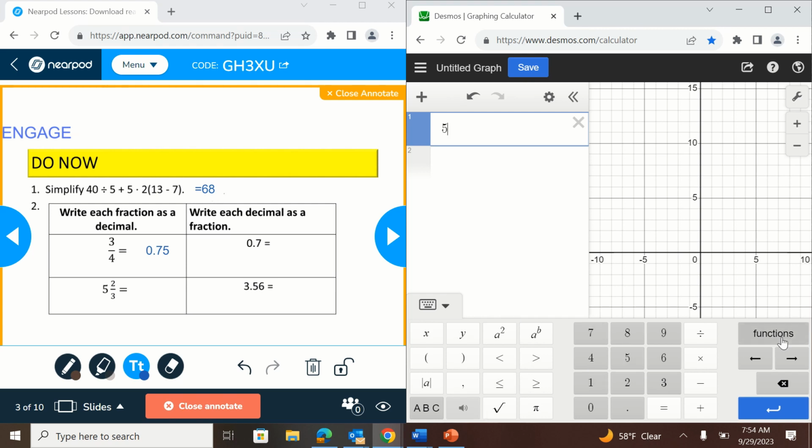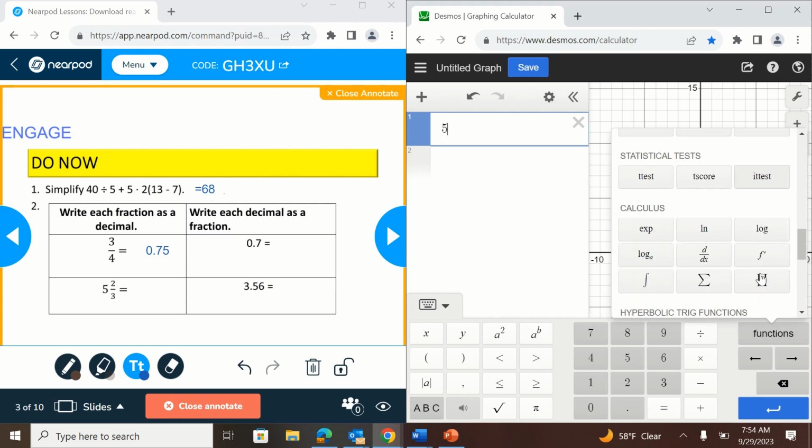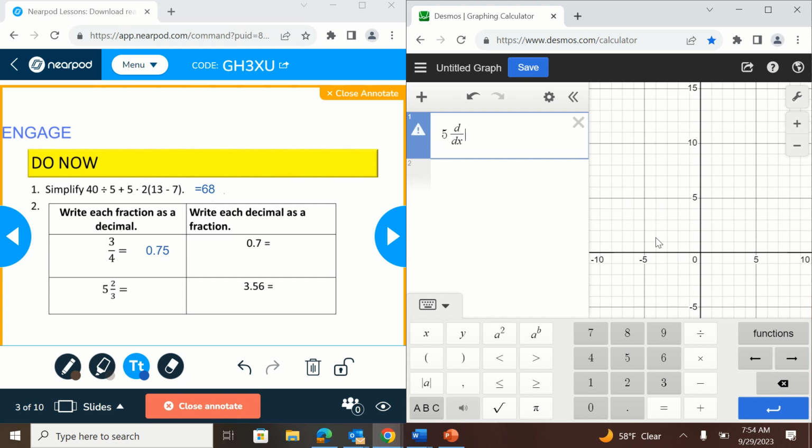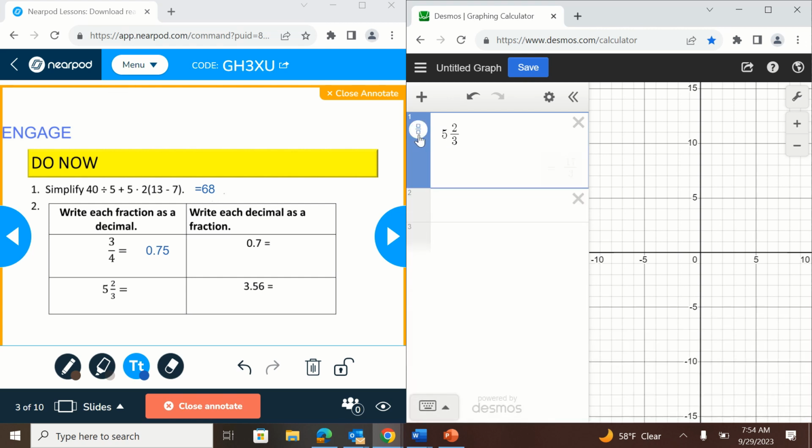have the opportunity to take a look at the different function settings where they can go in. The numerator would be 2, and the denominator, of course, would be 3. So for 5 2/3, we're asking Desmos to place the answer there.